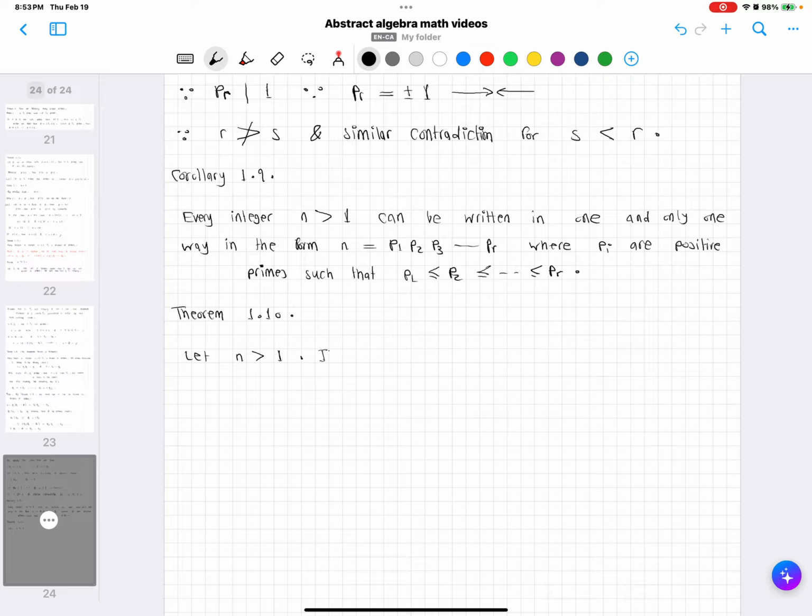If n has no positive prime factor less than or equal to the square root of n, then n is prime.